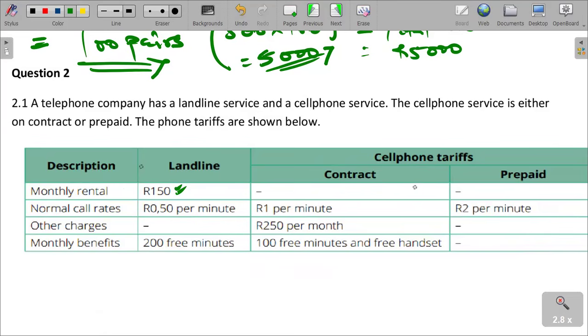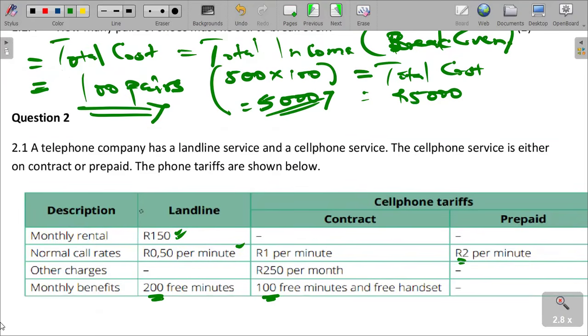Contract, it is actually nothing there. On call rates, landline is 50 cents per minute, contract is 1 rand per minute, and prepaid is 2 rand per minute. Other charges on contract, we have got 250 rand per month. Monthly benefits, 200 free minutes, 100 free minutes, and a free handset. Those are the descriptions that we are given in this case.